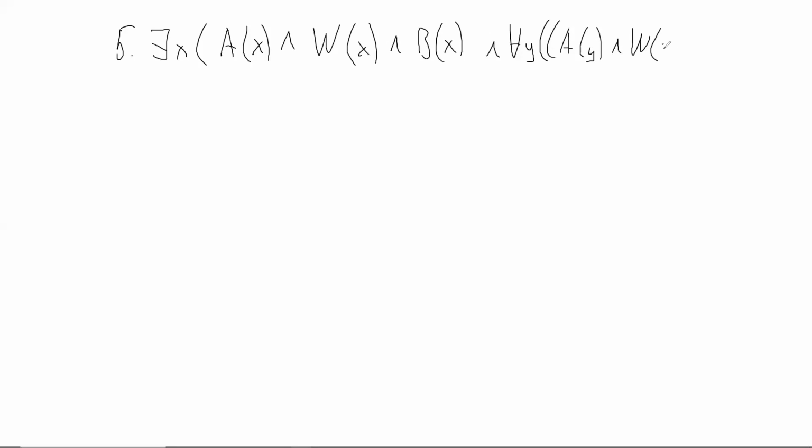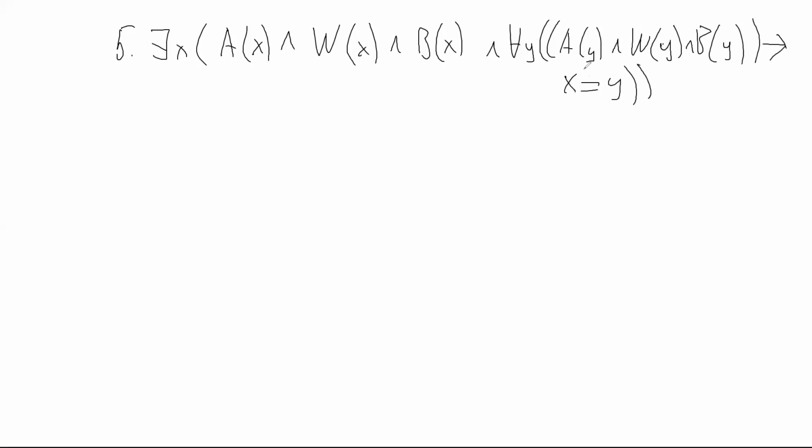If Y is a winged creature in Farmer Brown's field, then Y is equal to X. Okay, so this says that there is a winged creature in Farmer Brown's field. That's this first bit. And the second bit says that anything that is a winged creature is just X. So there's only one of them.